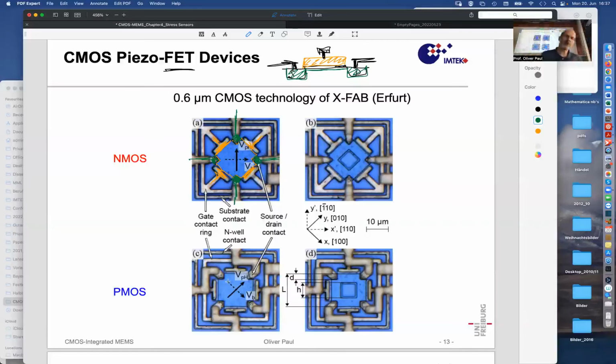And in order to see that this makes sense, when I look at this structure here, let me expose it to some stress of this form. We call this X prime. Sigma X prime X prime, sigma X prime X prime, and then I can also do some sigma Y prime in the opposite direction to make this consistent with the earlier slides of this chapter. So pulling apart horizontally and squeezing it from top to bottom. Would that cause any piezoresistive response?